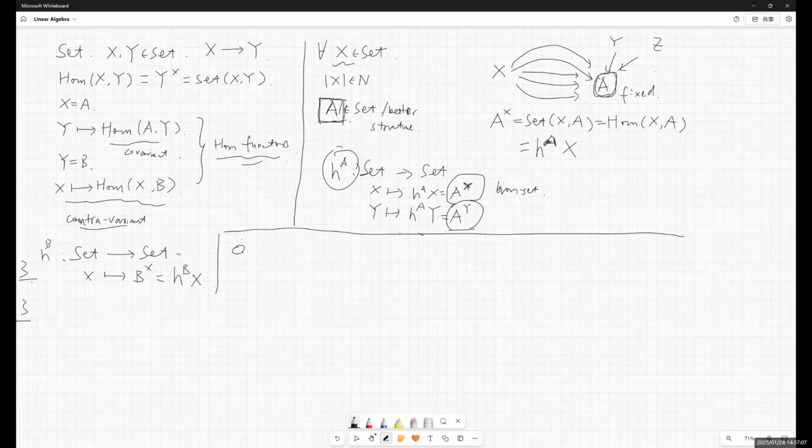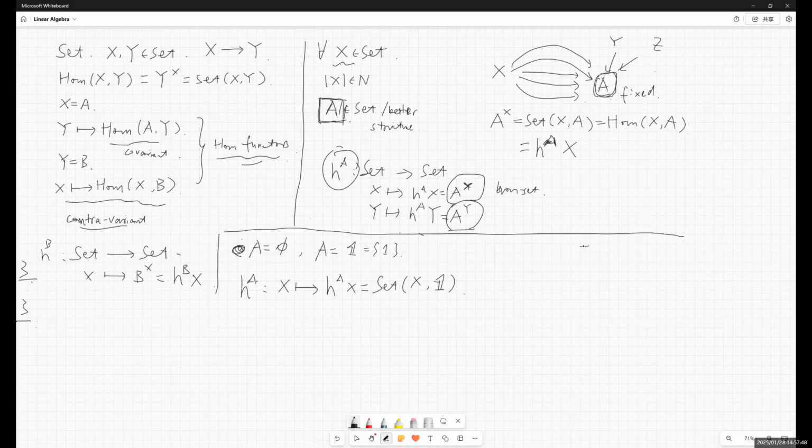If we have A equals the empty set, we have nothing to study here, right? So if we have A equals a singleton, say 1, then H_A maps a set X into H_A(X), the functions from X to a singleton.